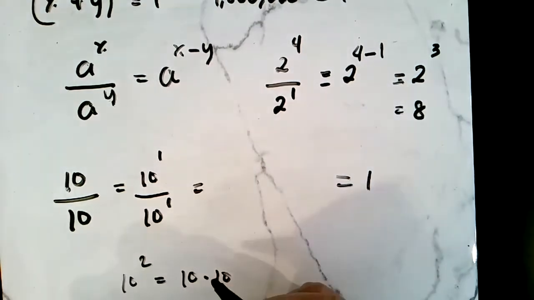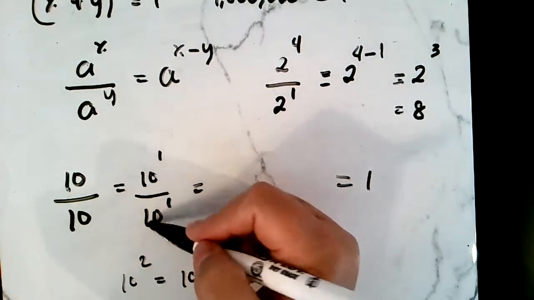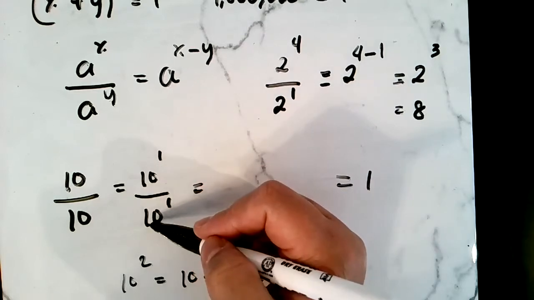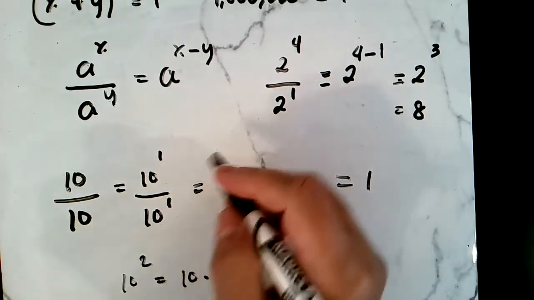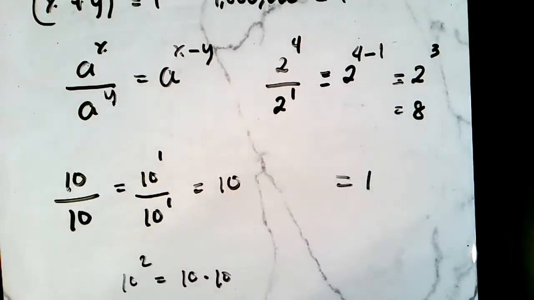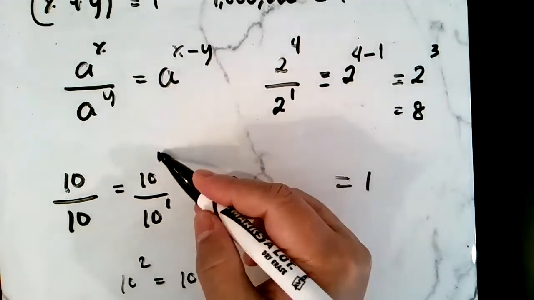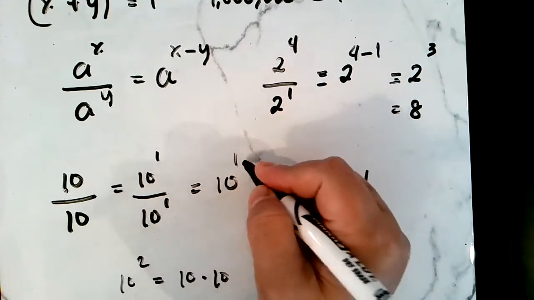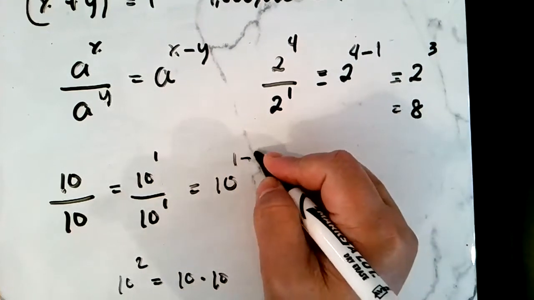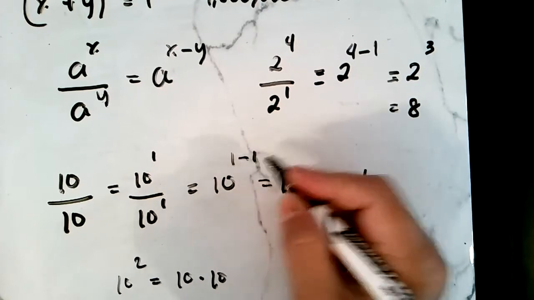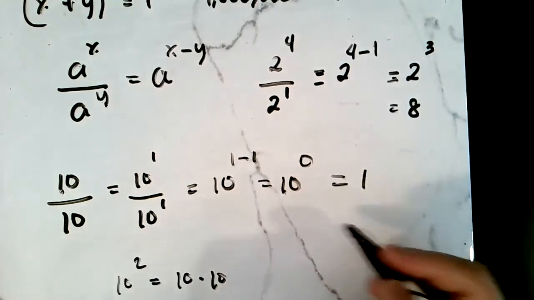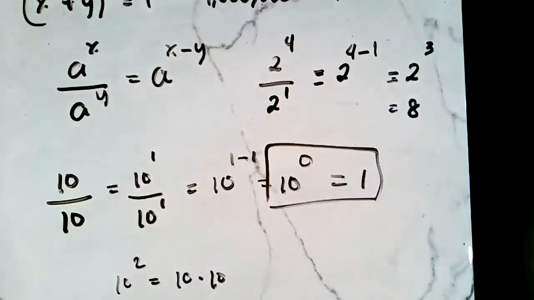Now going back here, since both the numerator and the denominator have the same base, the law says you just keep the base, which is 10, and then take the exponent from the top minus the exponent from the bottom. So copy 10, and 1 minus 1 is equal to 0. You see that?